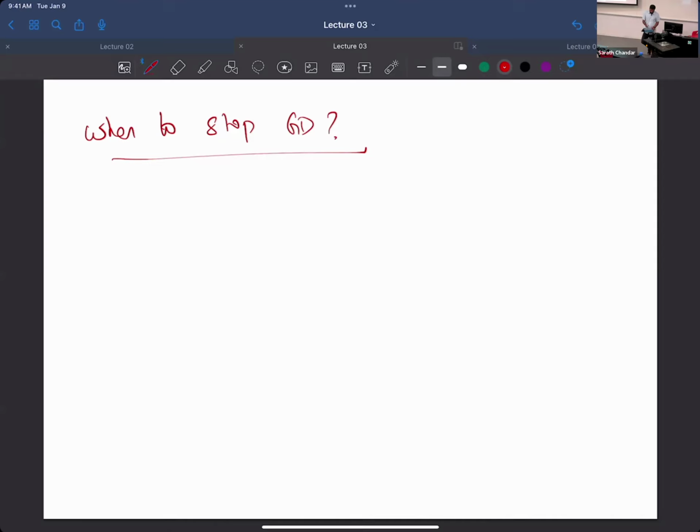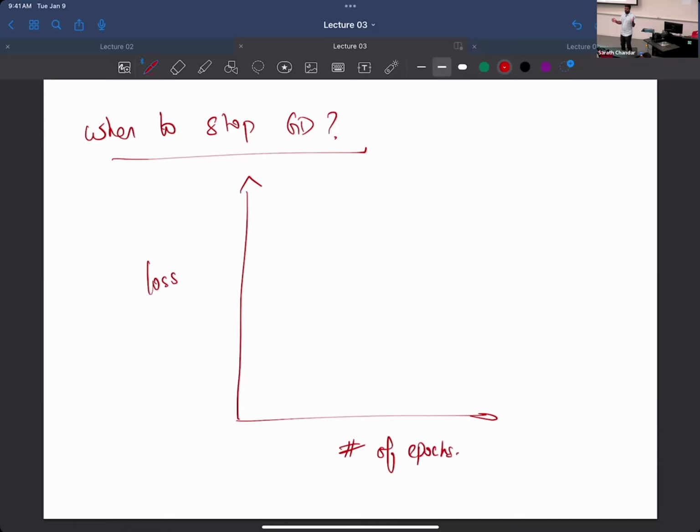So what would happen typically when you run gradient descent is you can track the loss, and in the x-axis, I'm going to put number of epochs. Okay, so each epoch is one iteration over the data. Let's say I do hundreds of epochs of gradient descent, right?